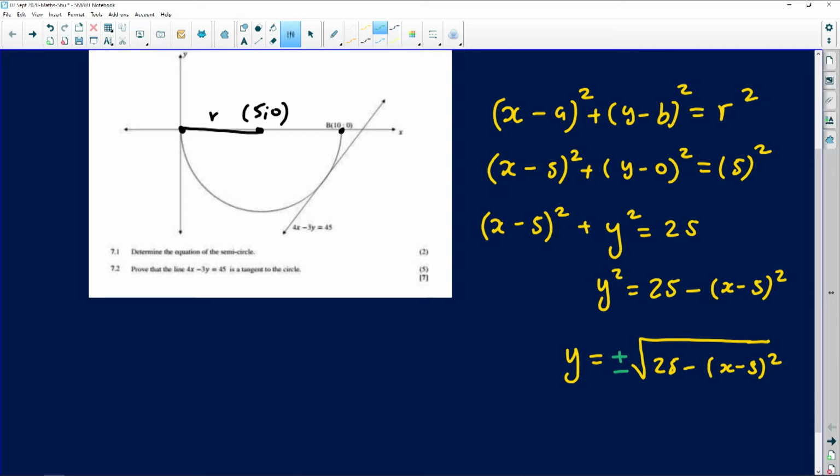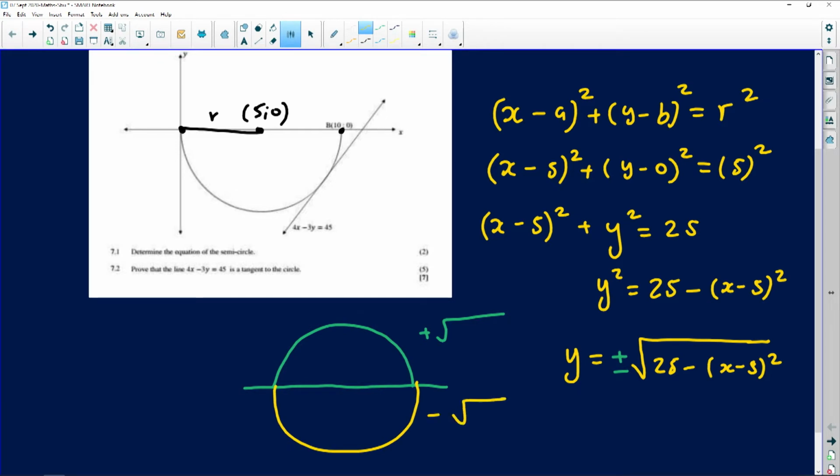So the plus square root is responsible for the top half of the circle, because those would be the y values that are positive. And then the minus part of my plus minus is simply responsible for the bottom half of the circle. And I'm interested in the bottom half because our drawing only has the bottom half.